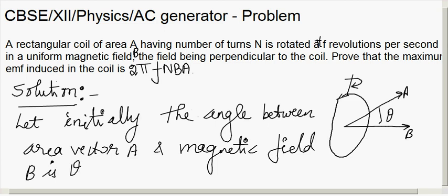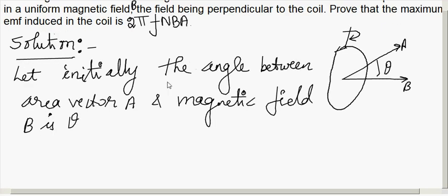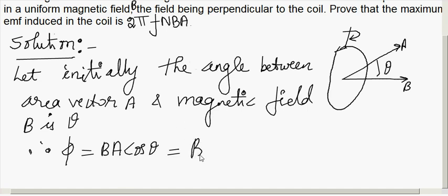As the coil rotates, that theta keeps changing. Therefore, we can write the flux as BA cos theta. Now, if the coil is rotated with an angular frequency omega, the flux linked with each turn of the coil is BA cos omega t. For more explanation about this, you may refer to the previous video. There we have clearly shown how it becomes BA cos theta, BA cos omega t, etc.